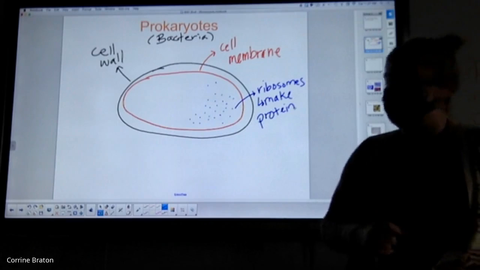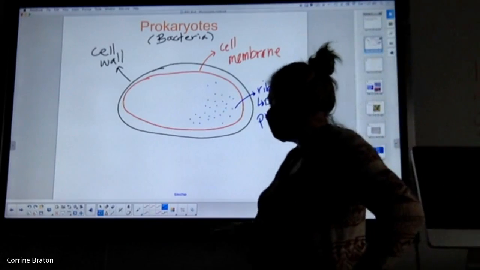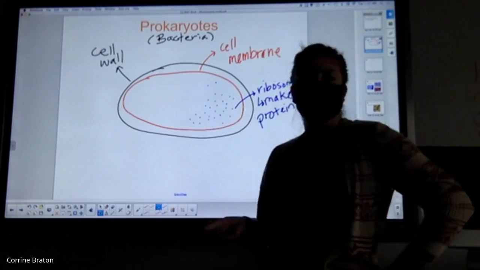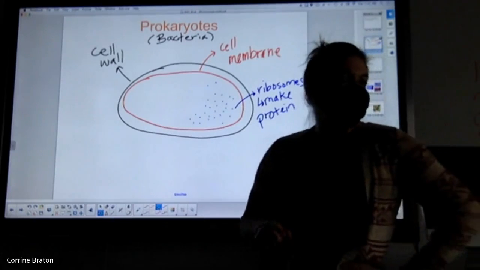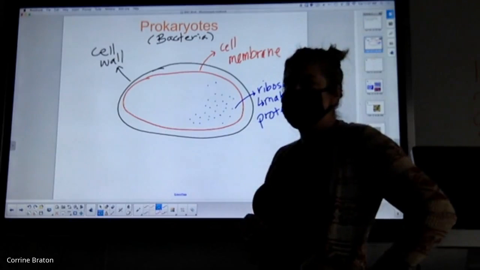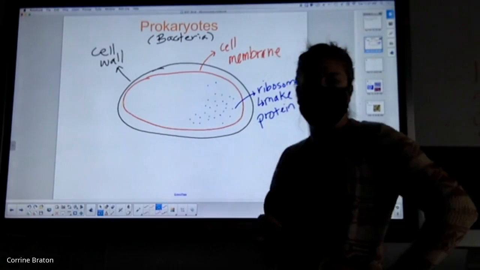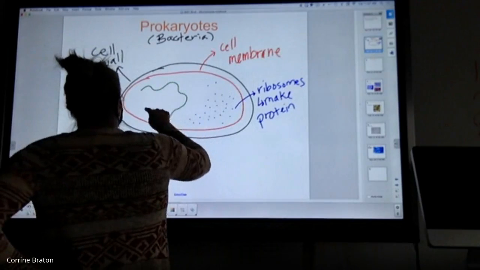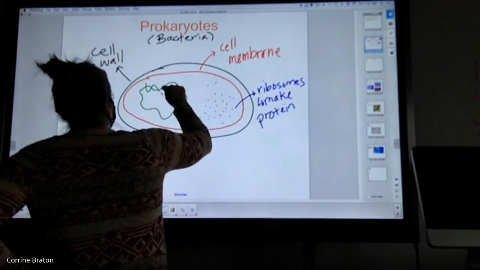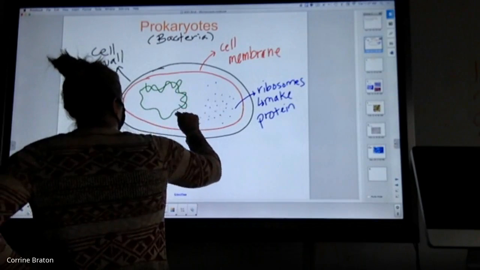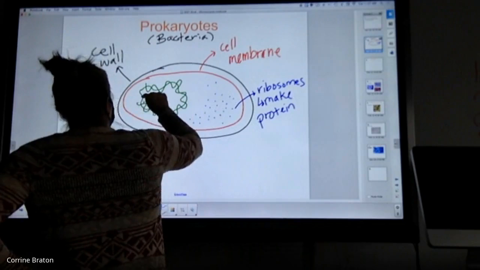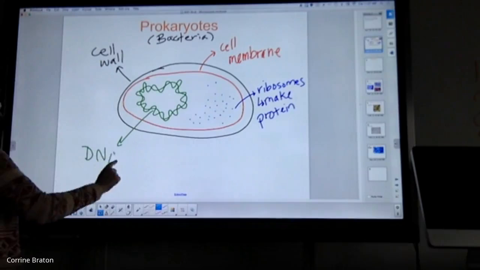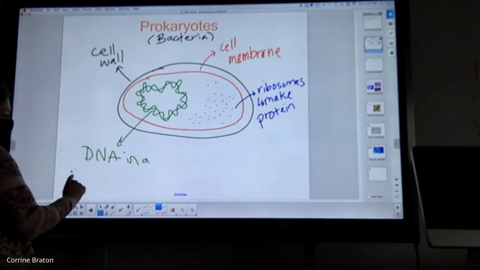I got one more thing in there. No, good guess. It's not in the nucleus, but it's still there. DNA. Their DNA is in a closed loop, but it's still a double helix. So DNA in a circular loop.